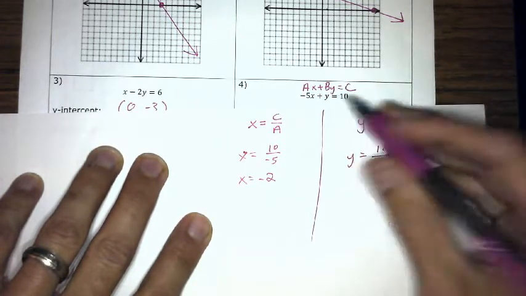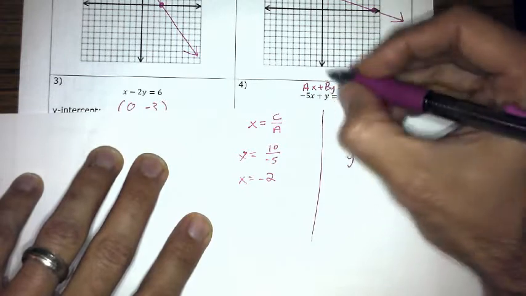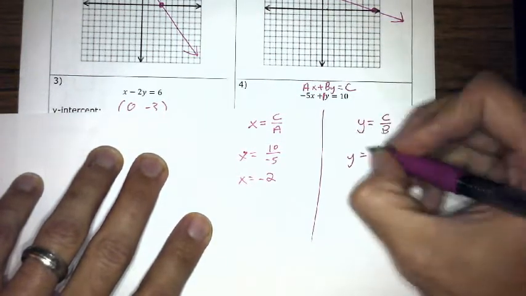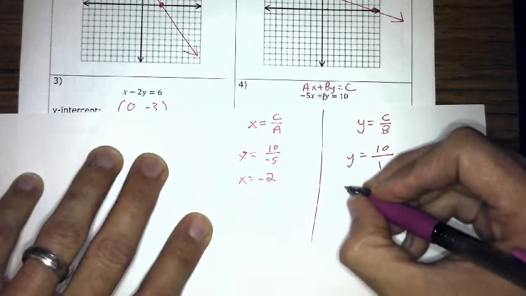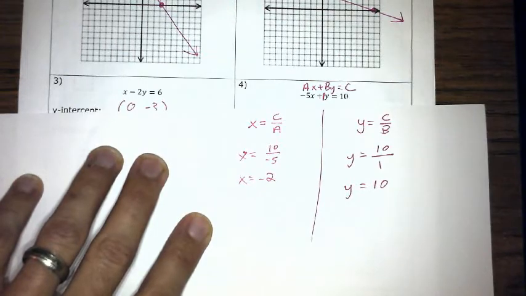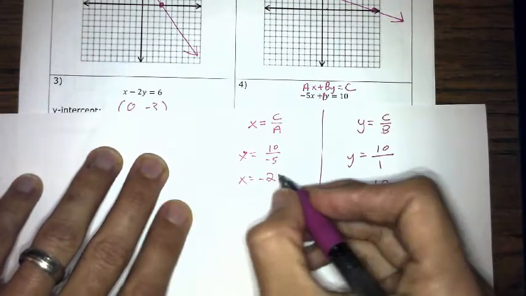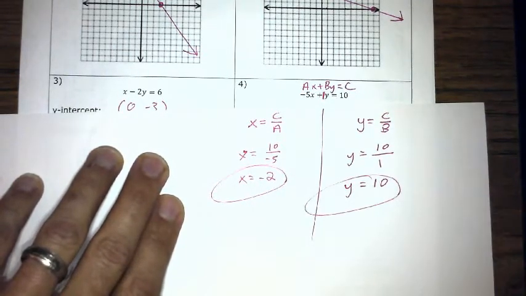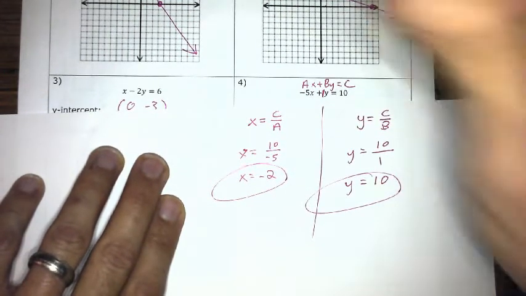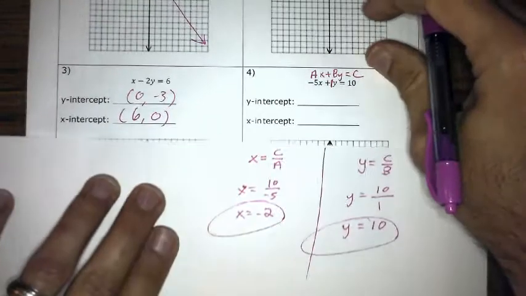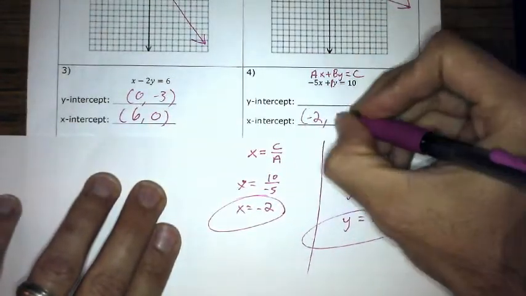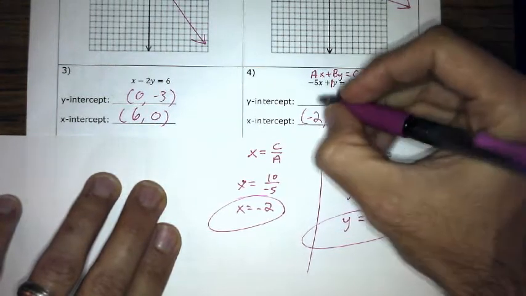What is b? Well, you guys remember there's an imaginary 1 in front of us, 1y, right? So 10 divided by 1 is, you got it, 10. So you see, I found these a lot faster, but you guys can use either way you want, okay? Either way you want. So as a point, that would be negative 2, 0, and 0, 10.